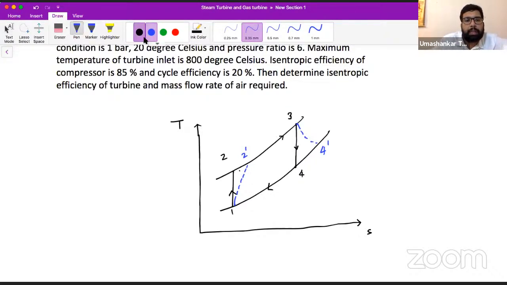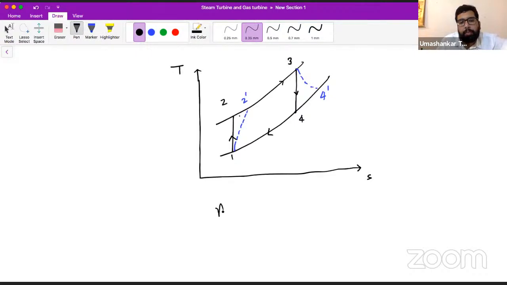So what will be the cycle efficiency if we consider the isentropic efficiency? Cycle efficiency is the actual turbine work you are getting minus the actual compressor work, divided by the actual heat addition.